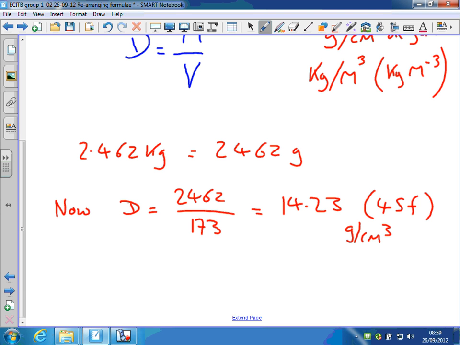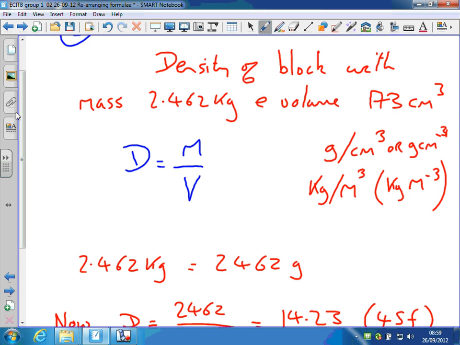Comments? What about if I decided to change cubic centimetres into cubic metres? What do you mean by keep it the same?